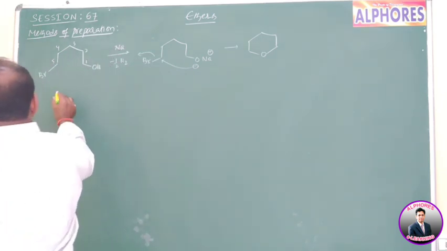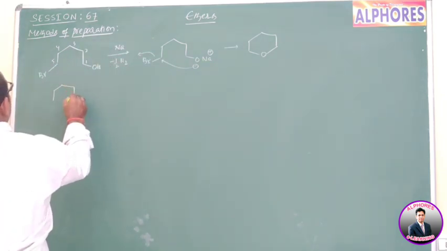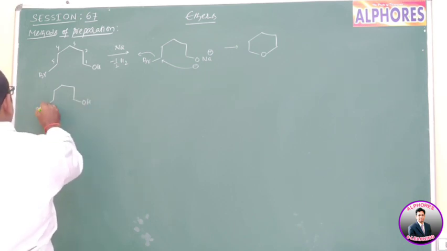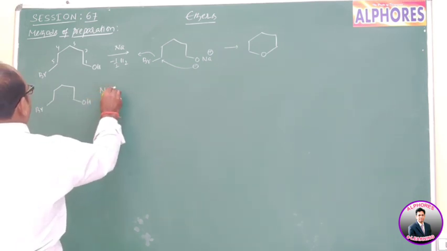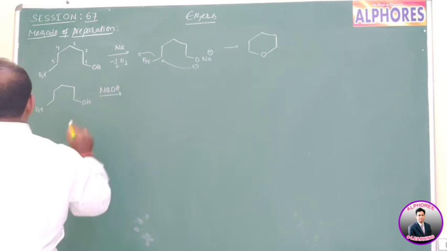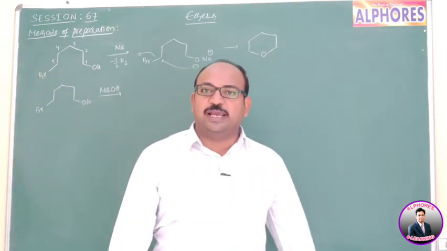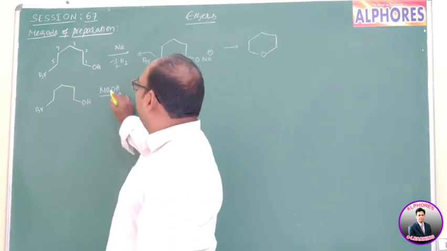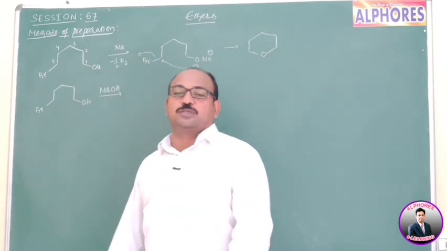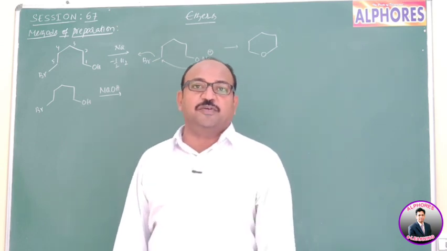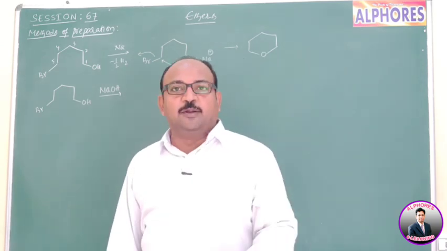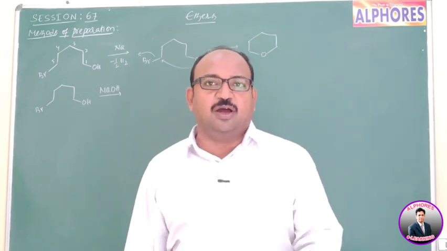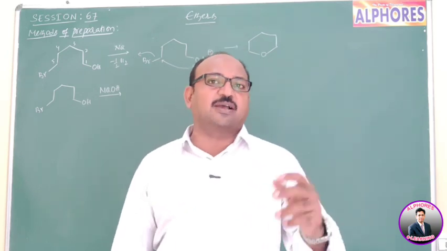Now the same substrate, OH and Br. This one upon reaction with NaOH, what happens? Which NaOH are you going to use? It depends upon the nature of NaOH, because we learned in previous sessions: aqueous KOH, alcoholic KOH, or aqueous alkali, alcoholic alkali.